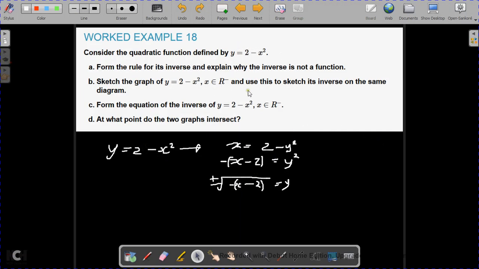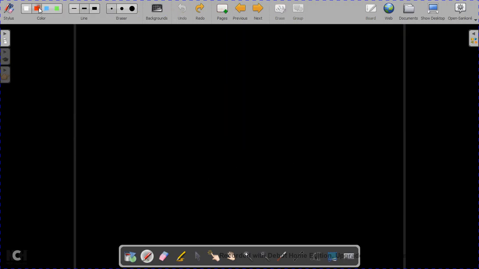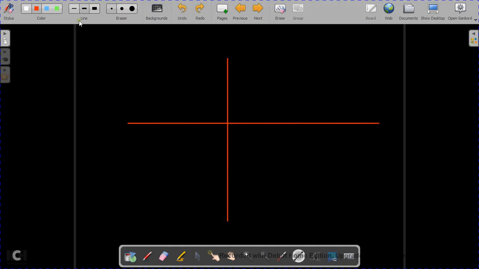2 take x squared, here's my set of axes. 2 take x squared, well, it's going to be the x squared graph, and we've moved down twice at minus 2. No, sorry.